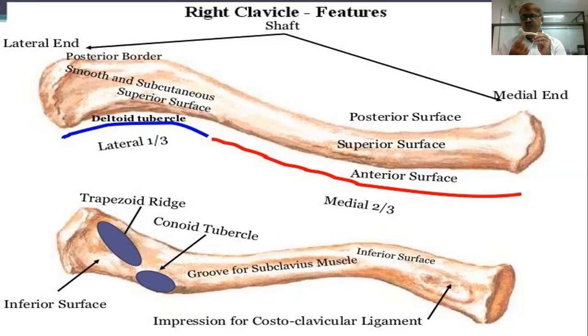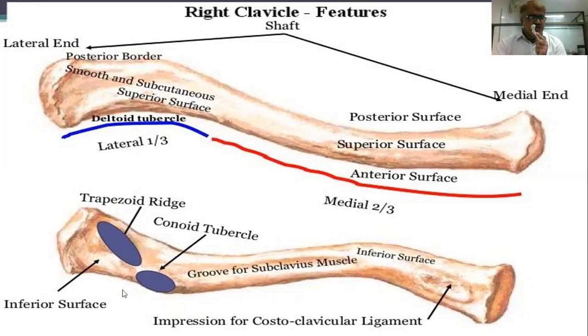So see here, this is flat. We have two surfaces, the superior surface, which is smooth. You can feel it here at the summit of the shoulder. But on the inferior surface we have this conoid tubercle, the cone-shaped tubercle, and from the cone-shaped tubercle a ridge goes anterolaterally, anterior and lateral.